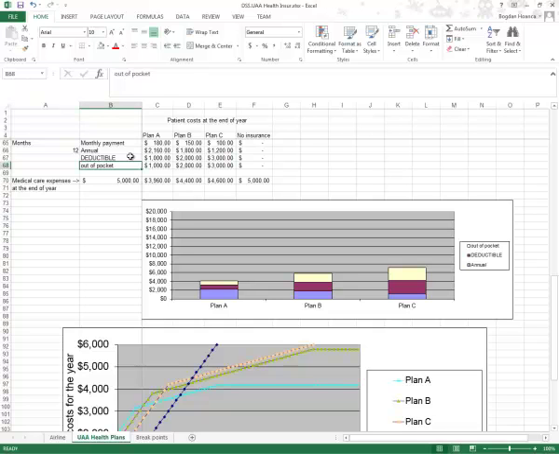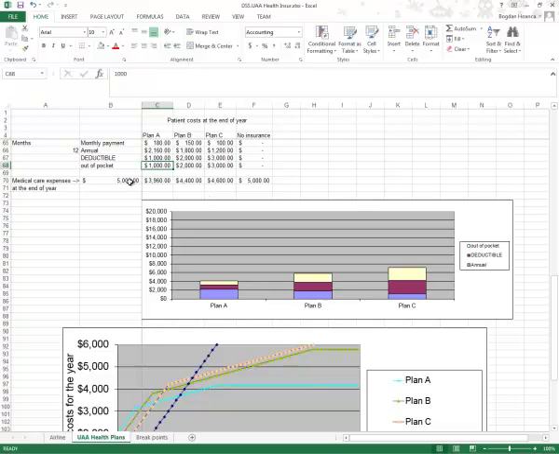Once that 20% of the expenses has accumulated to reach, in the case of Plan A, $1,000, then the patient will pay zero and the insurance will pick up 100% of the medical charges.